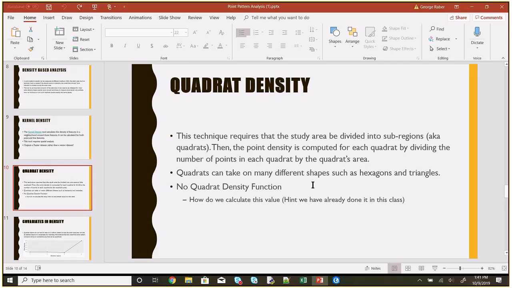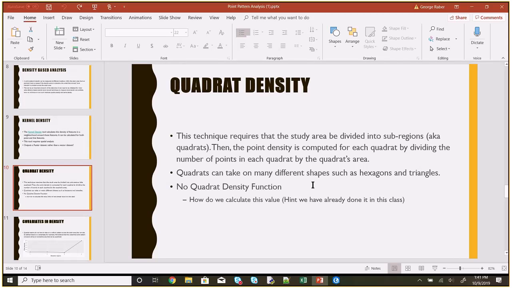Quadrants, though, are typically different than all of the things that we've done before, in that they're typically the same size. So we could say what's the average number of tornadoes per county, right? And that's kind of like quadrant density.